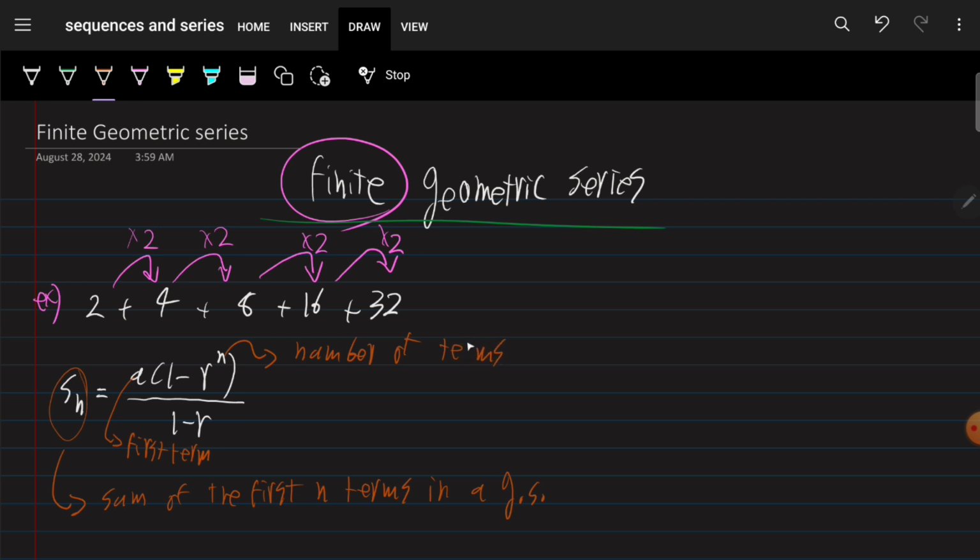So if you're summing up the first 3 terms, n will be 3. If you're summing the first 10 terms, n will be 10. And r is the common ratio. Perfect. So that's the formula.